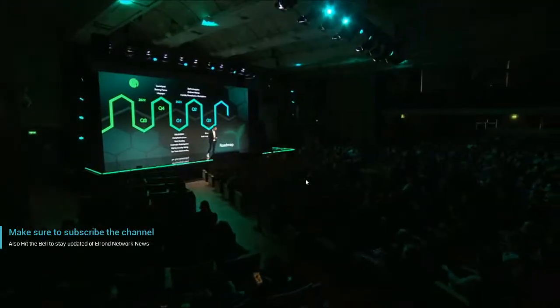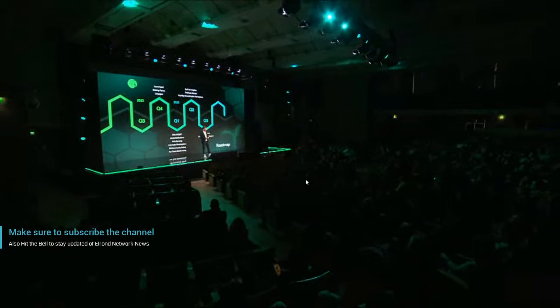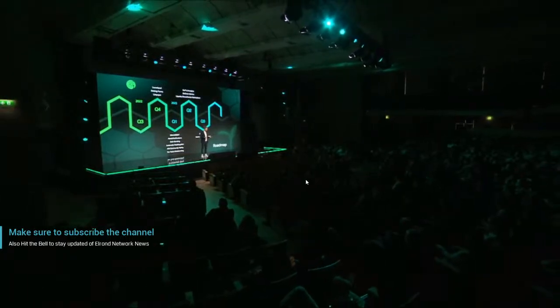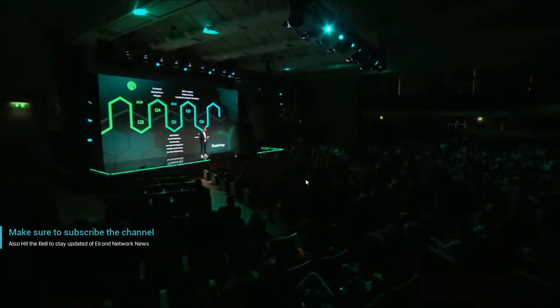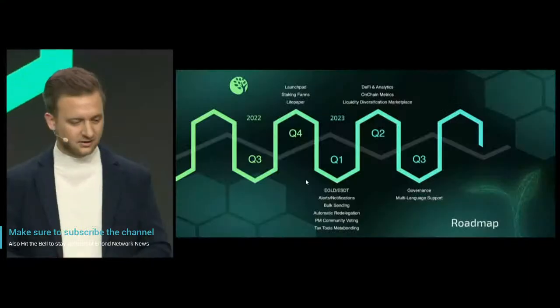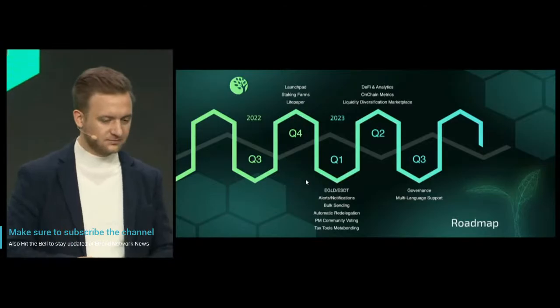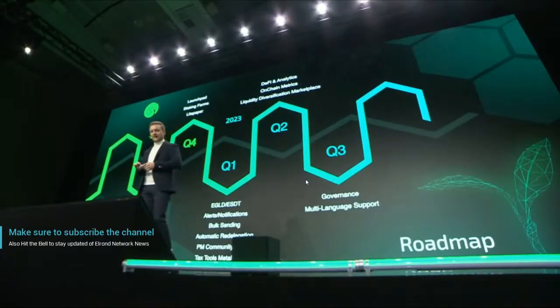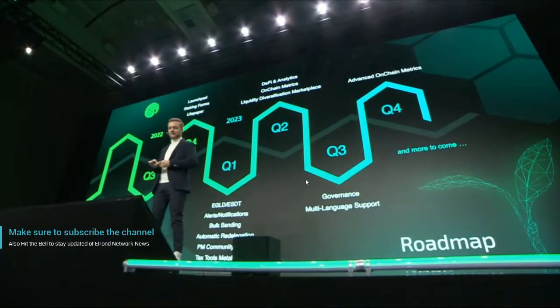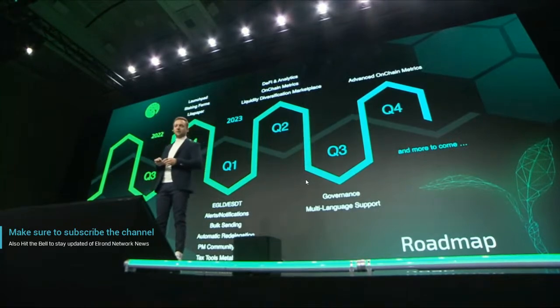One year from now, Q3 next year, we will also have governance for the whole Entity project and a multi-language support. I think that's very necessary for the whole growth of the community. And last but not least, end of next year, we will also go live with advanced on-chain metrics.